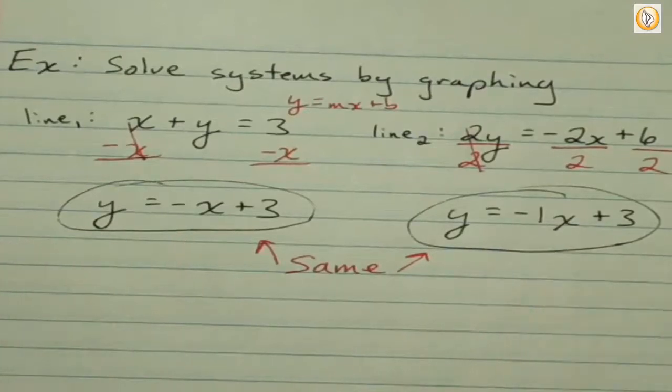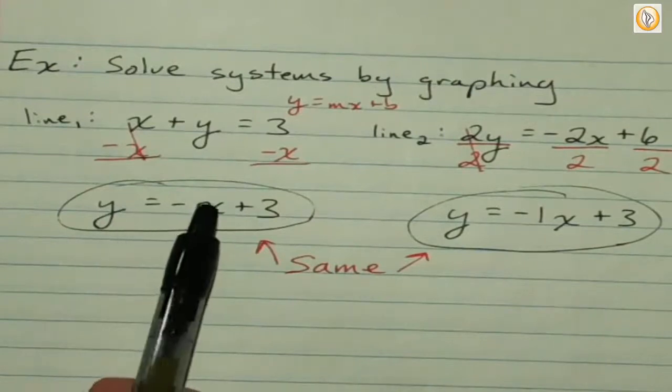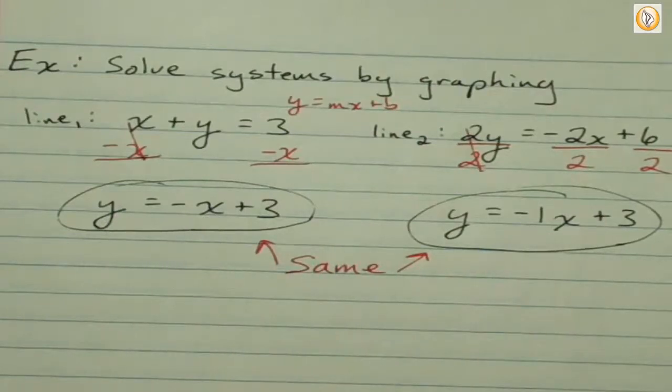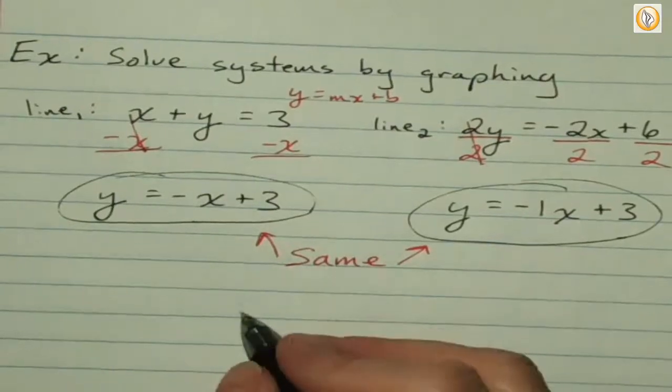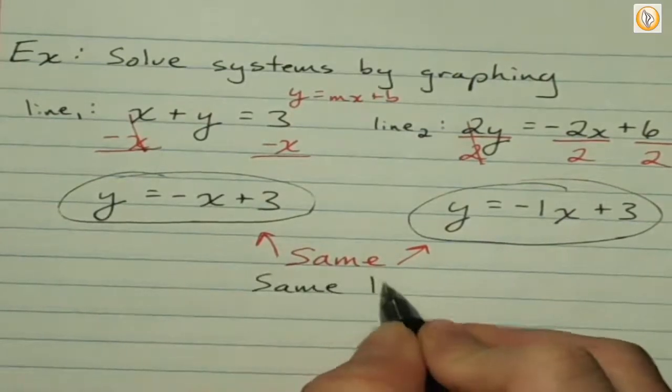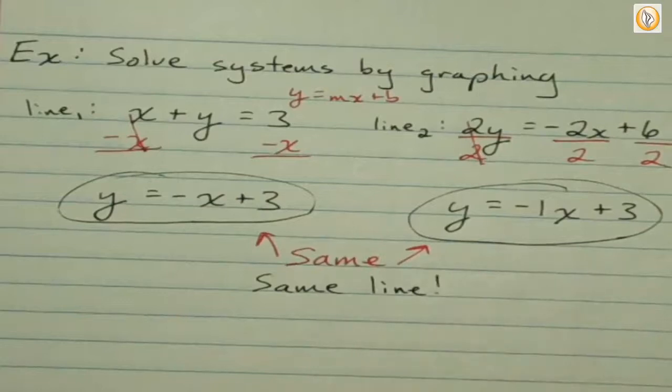You know what that means? They're what? If the equations are the same, then they're the same what? The same line. Will they ever intersect if they're the same line? So these are the same line. Is that the answer?